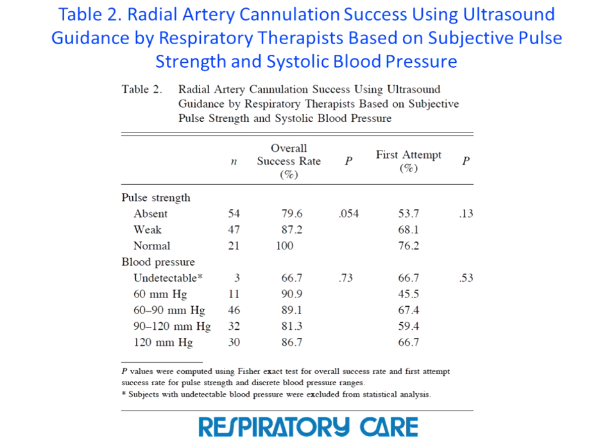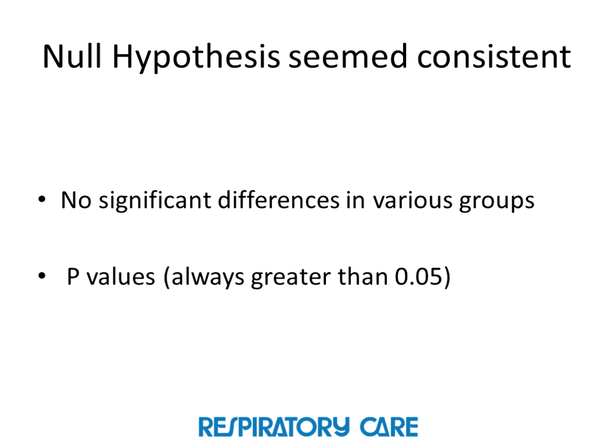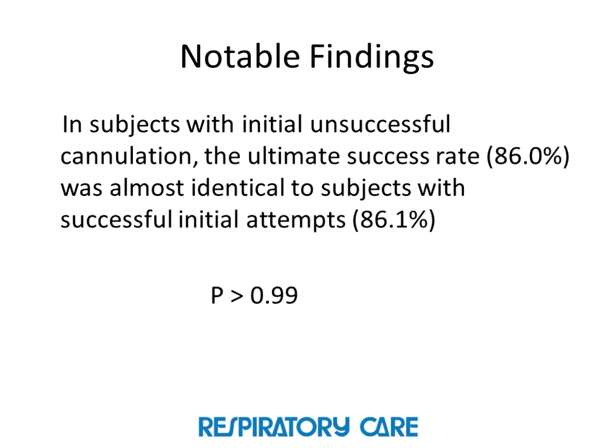And they really did not find any secondary issues of relevance. The null hypothesis seemed consistent, no significant differences in the various groups. P-values were always greater than 0.05 in these groups.